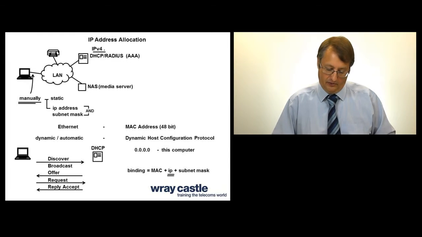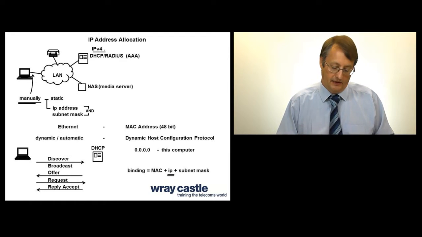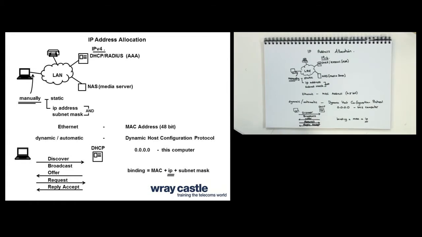So that's the automatic way in which we can configure things locally using DHCP in order to get an IP address at least, and together with that, of course, that has no real meaning unless you add the subnet mask to that. So that will also be included in the messages going back to the host.